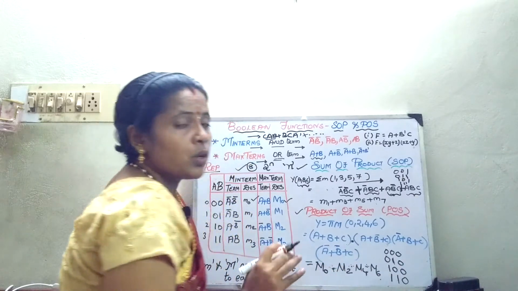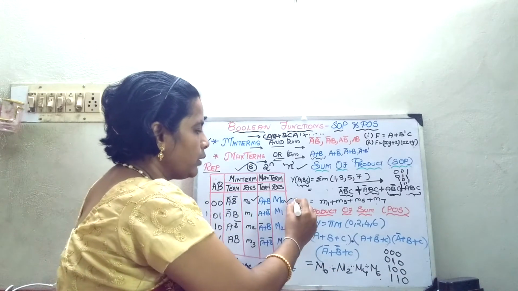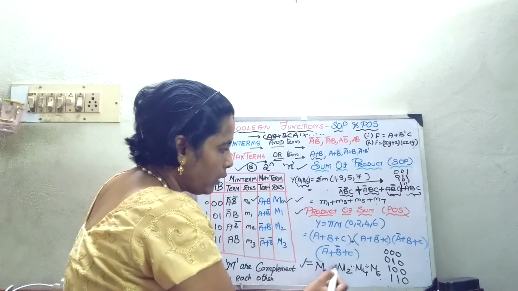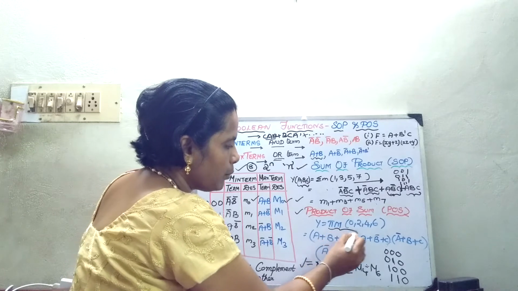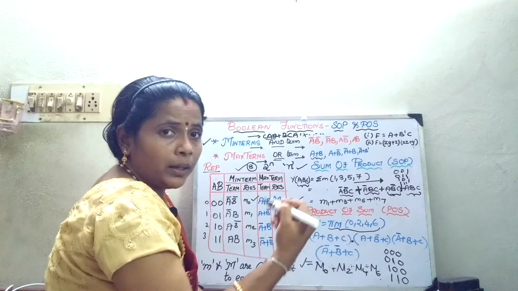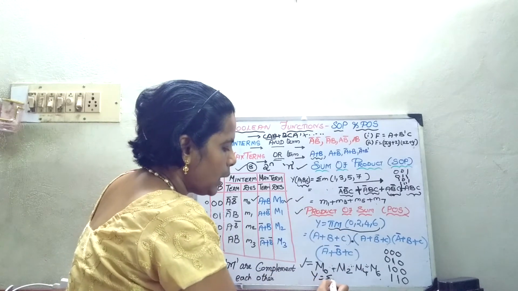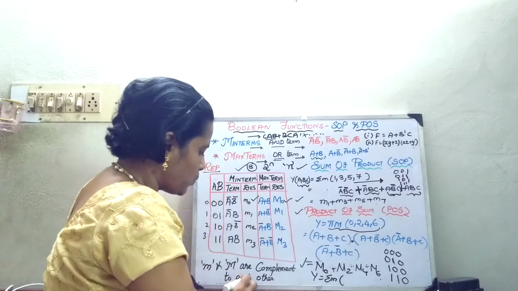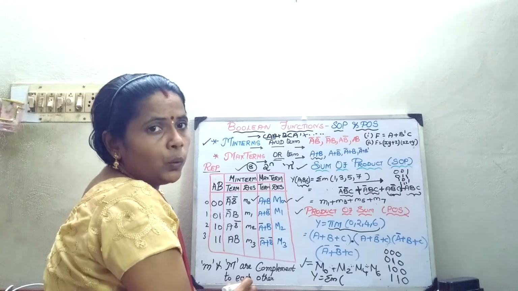Okay. So now in this case I am going to have this expression and this expression. Now whenever I am going to write this as pi m0246, automatically I can say what will be my min term expression. Whatever is left out will be my min term expression, because both are complemented to each other.